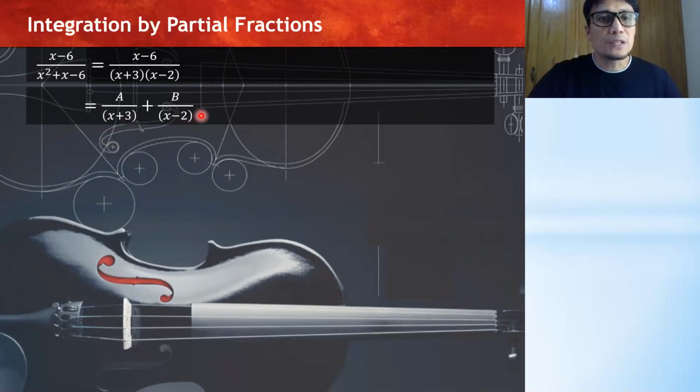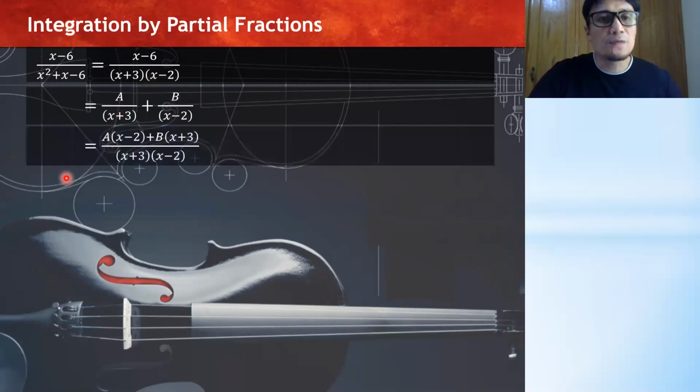Then the next thing to do is to combine this now as a single fraction. You put it back, but the numerator will be of this form now. This is your LCD, and then your numerator becomes A times x minus 2 plus B times x plus 3.